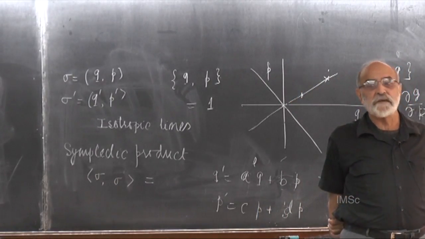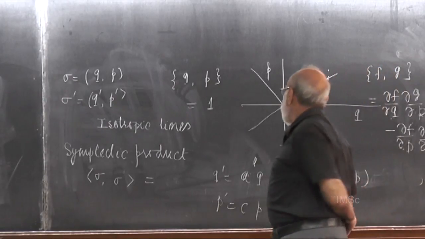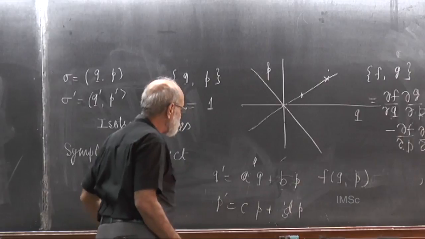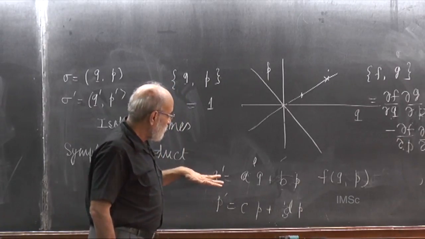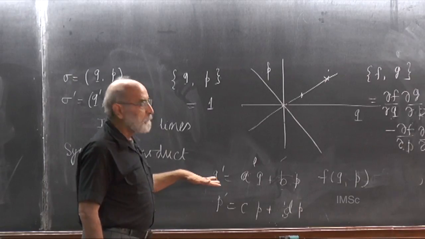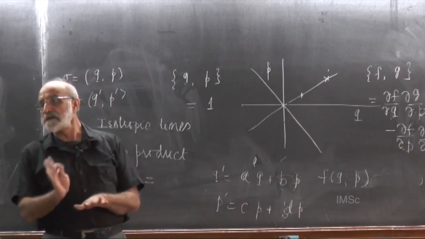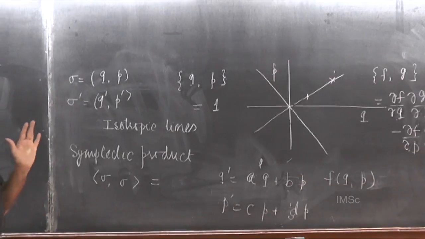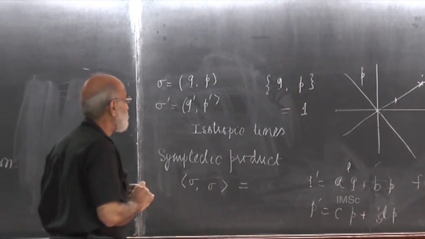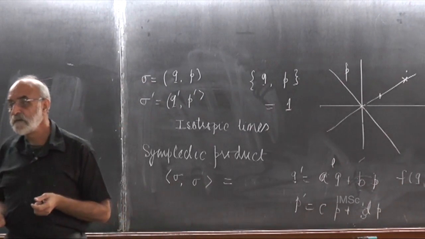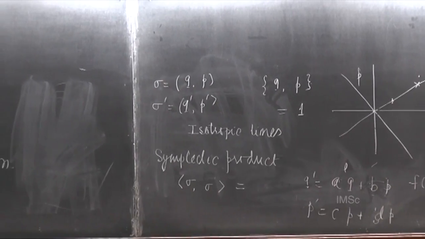So there is nothing special about Q and P. For our phase space, the quantities of physical interest must, as we will see later on, have this covariance under these linear canonical transformations. That is the reason why one is introducing all this. We will come to this stage.